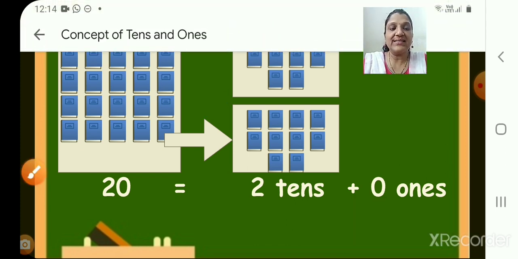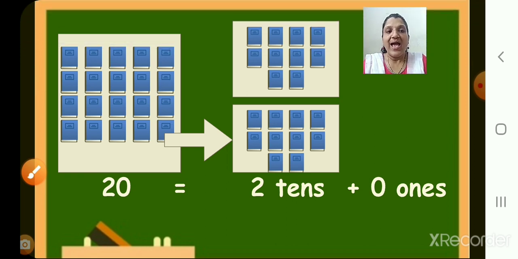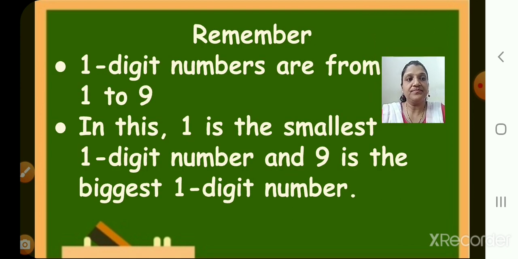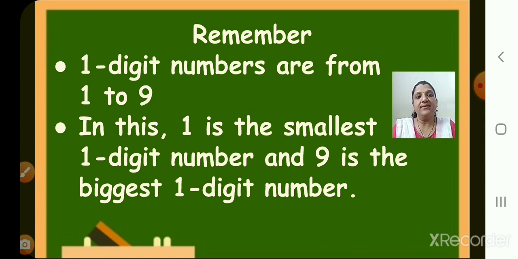Now, as we are learning about one-digit numbers and two-digit numbers and tens and ones places, we have to remember few more points about it. Let us read. Remember, one-digit numbers are from 1 to 9.